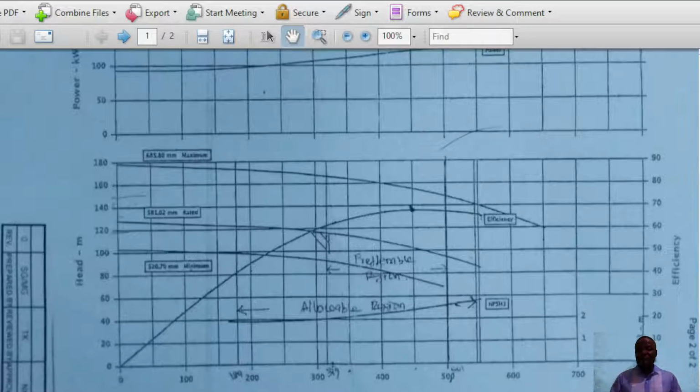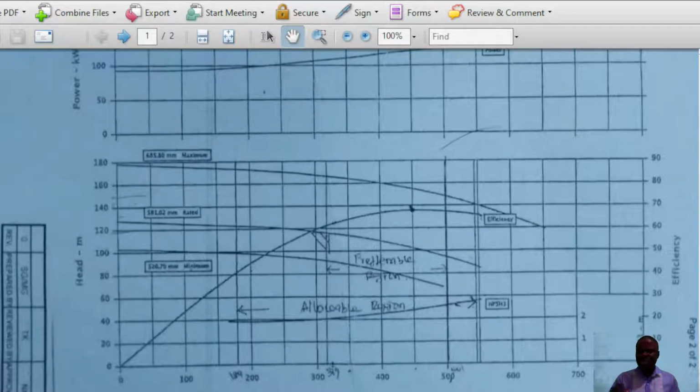If it falls outside this, then you have to comment on the pump curve or your pump mechanical data sheet that please review, and you wait for the response of the vendor. So these are the things that you need to check for during the technical evaluation of your centrifugal pump before procurement is done. You have 10 pump vendors and you need to select the best.